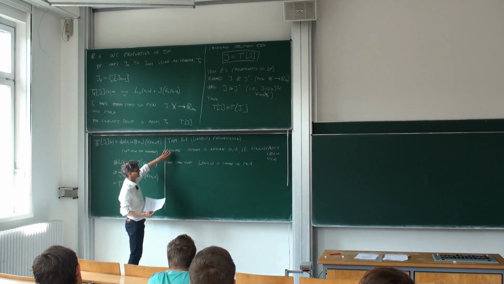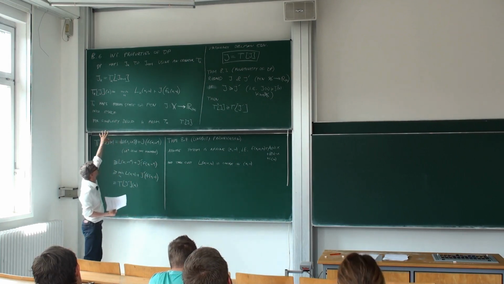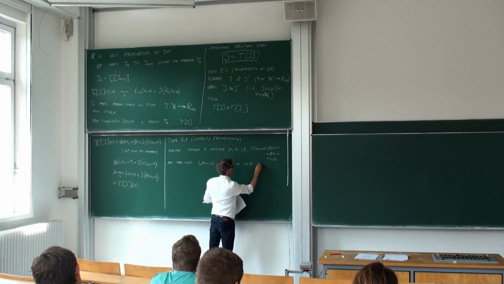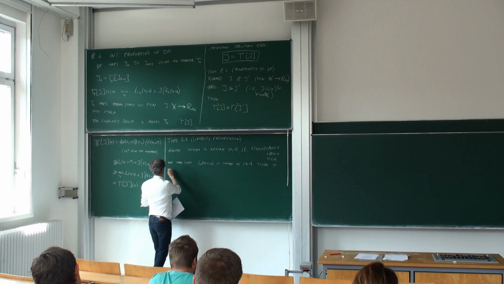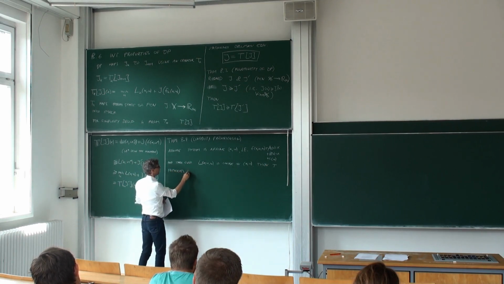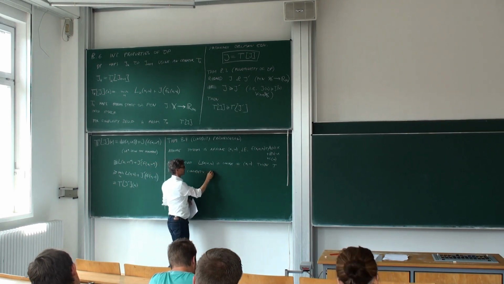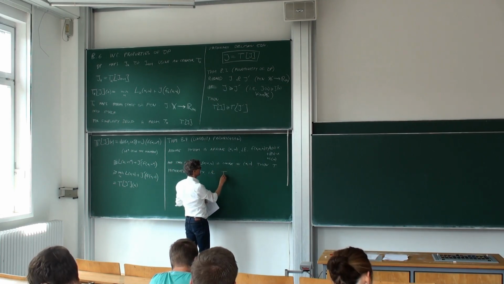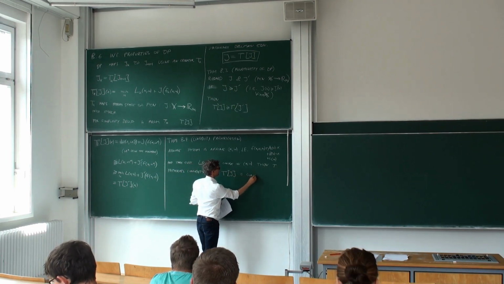So the f and the L together define the operator T, right? Then T preserves convexity. And that means that if we have a convex J, then T of J is convex.